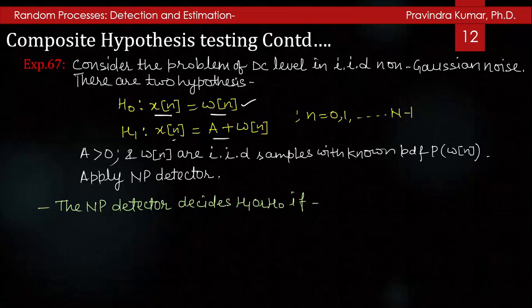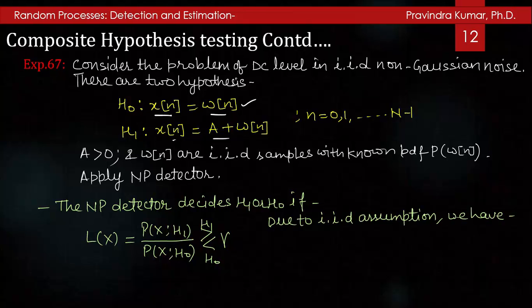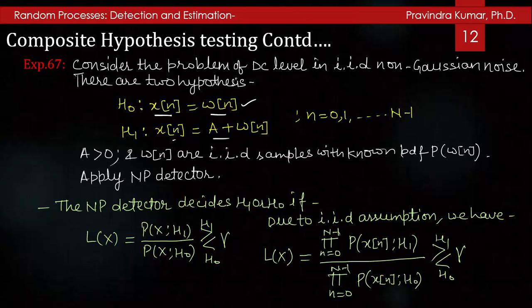So the NP detector decides H1 or H0 if the likelihood ratio, meaning the PDF under hypothesis H1 divided by the PDF under hypothesis H0, is greater than or less than some threshold value. So due to this IID assumption, we have the likelihood ratio as the product from n equal 0 to N minus 1 of the PDF under hypothesis H1 divided by the PDF under hypothesis H0, the product from n equal 0 to N minus 1, greater than or less than the threshold value gamma.